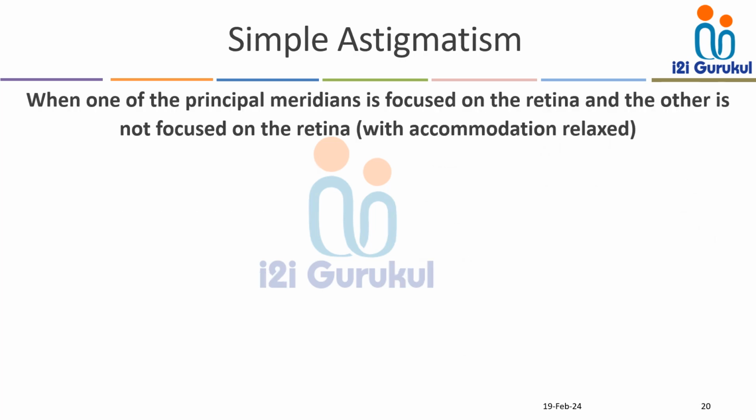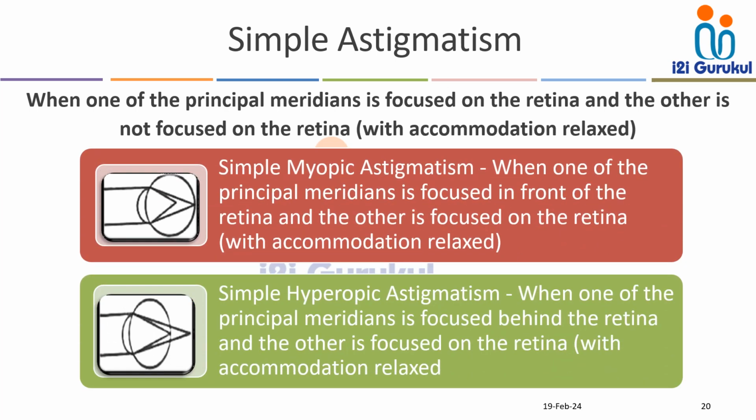Simple astigmatism, when one of the principal meridians is focused on the retina and the other meridian is not focused on the retina when the accommodation is in relaxed condition. So we have two types: simple myopic astigmatism and simple hypermetropic astigmatism. In simple myopic astigmatism, one of the principal meridians is focused in front of the retina and the other is focused on the retina, with the accommodation at rest.